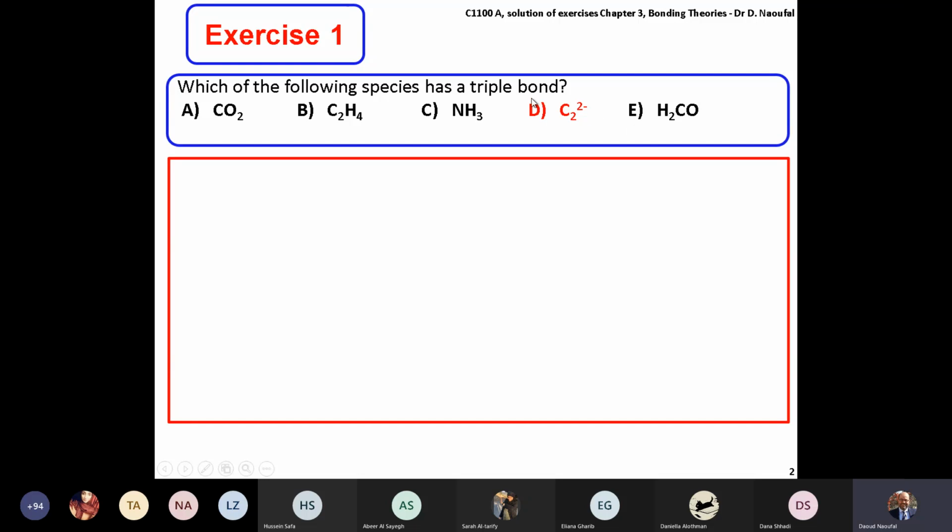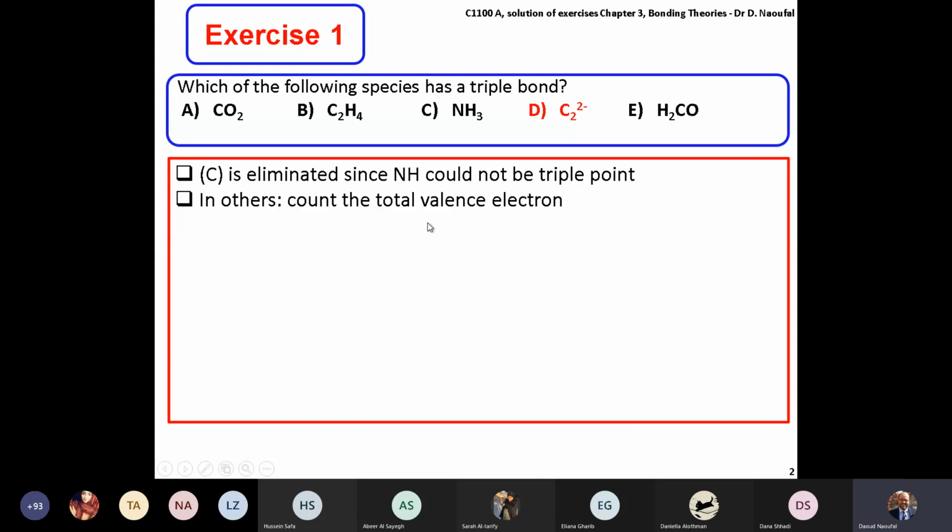To know if a molecule contains a triple bond, the easiest way is to write the Lewis structure. I can eliminate the NH3 molecule since it's impossible to have a triple bond between N and H. The hydrogen follows the duet rule. So the answer is between A, B, D, and E.